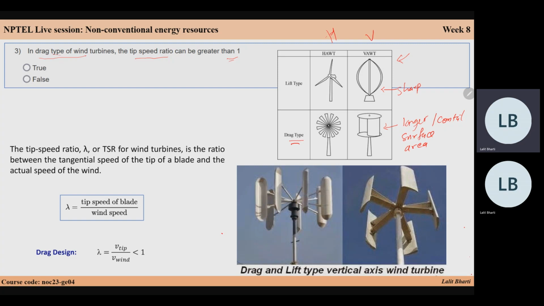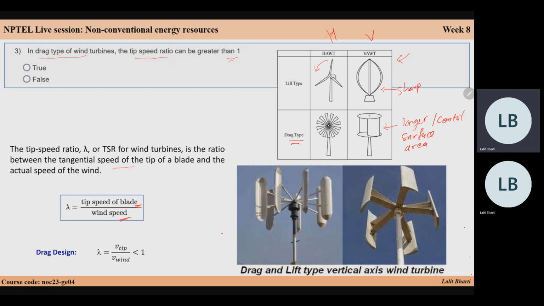Now we'll see what the tip speed ratio is. The tip speed ratio is the ratio between the tangential speed of the blade tip, how fast the tip is moving, divided by the actual speed of the wind.